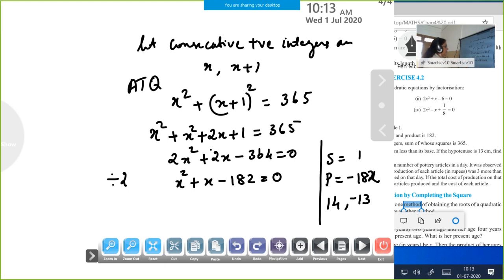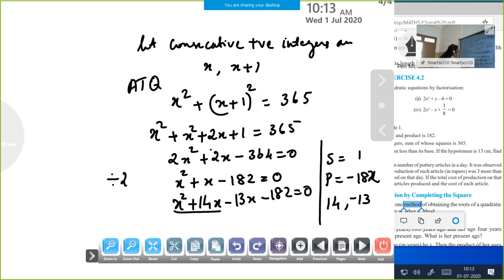The middle term: x square plus 14x minus 13x minus 182 is equal to 0.